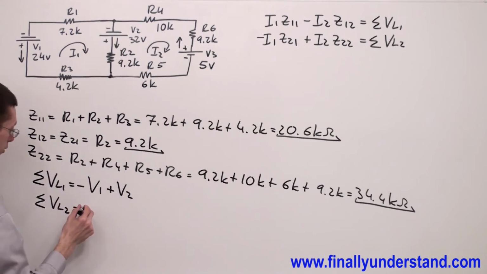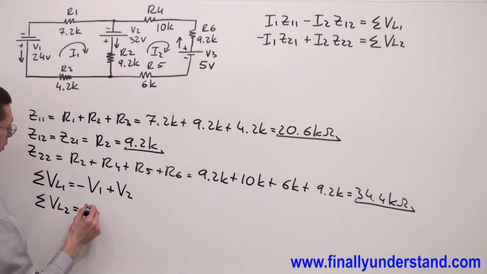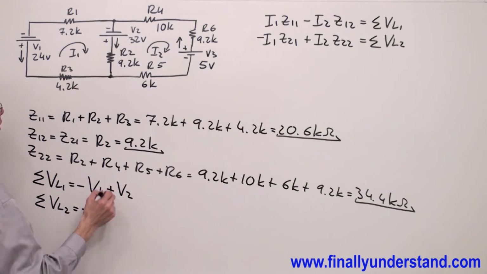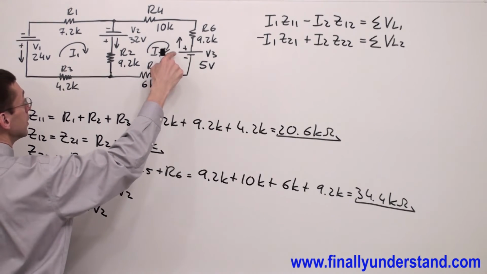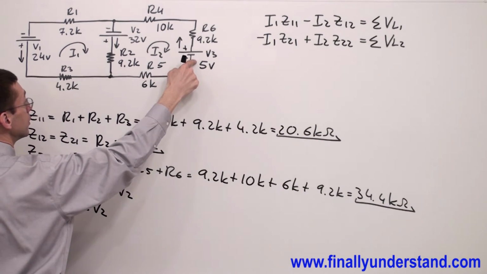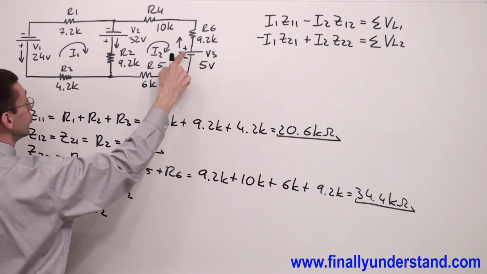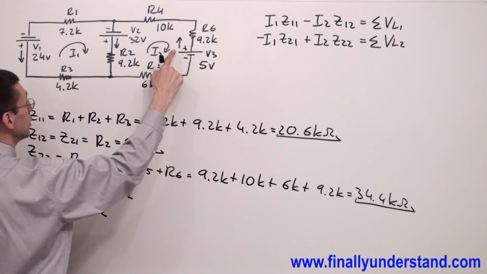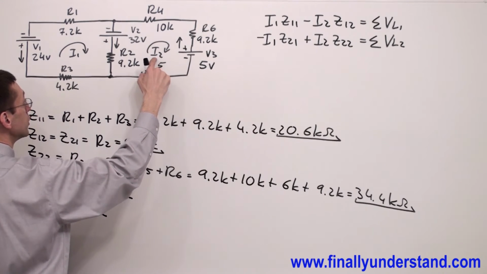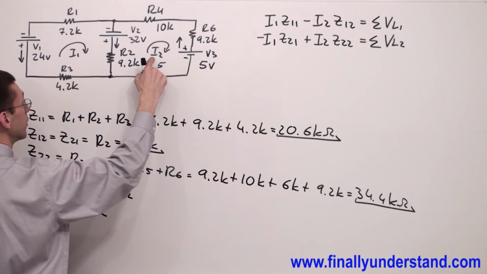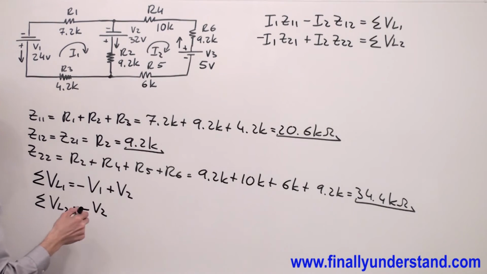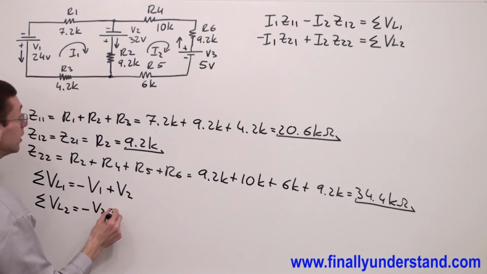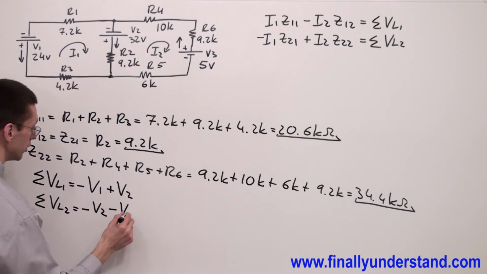That's why I'm going to write this is negative V2, and this voltage source also is going to push the current in a direction which is going to be opposite to the direction of the loop current. That's why I'm going to write that this is negative V3.